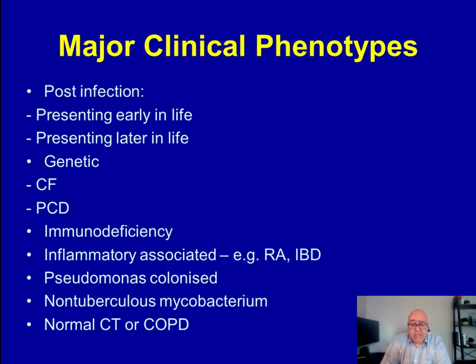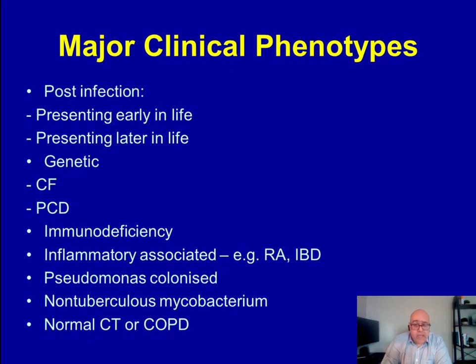So clearly there's a post-infectious group, and they can present at any stage of life depending on when the infection affects them. Of course, there are genetic causes, of which CF is the commonest, but primary ciliary dyskinesia is also something that we see in quite a few of our patients.